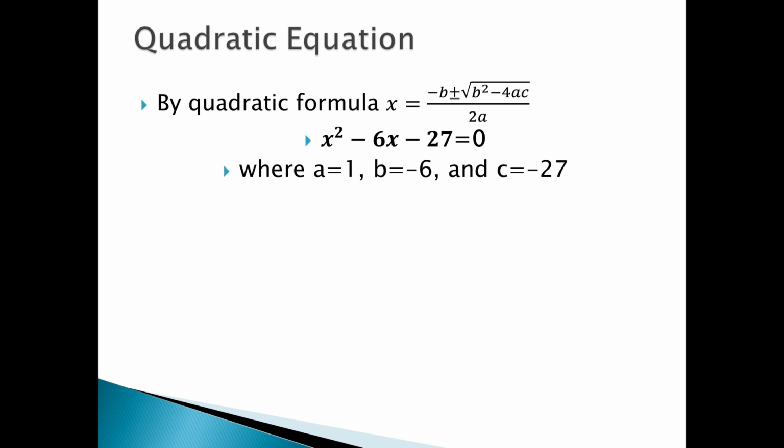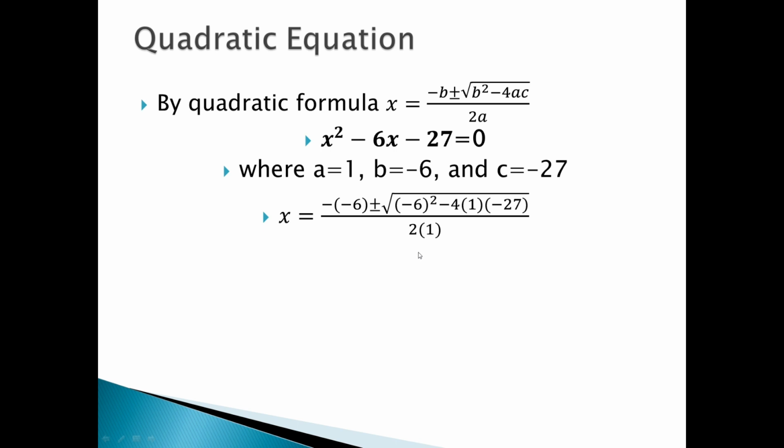So we apply it to the formula given here. This is negative b, so negative, and then b is negative 6. We just substitute it. Plus or minus square root of b squared, so b is negative 6 squared, minus 4 times a, where a is 1, and c is negative 27, all over 2a, wherein a again is 1.